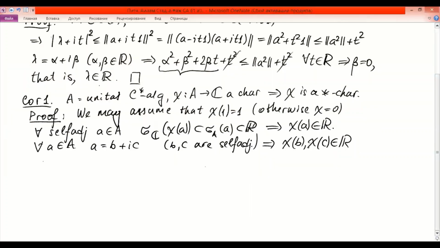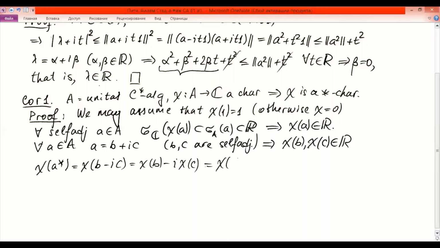And so we now calculate chi of A star. So A star is now B minus IC. So this is chi of B minus I chi of C. And since chi of B and chi of C are real, we can write this as follows.